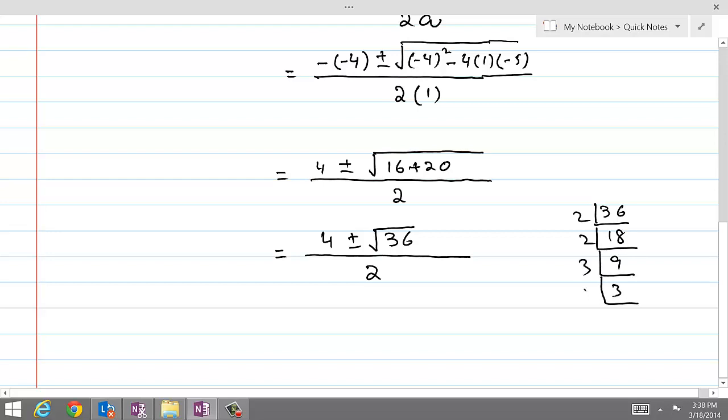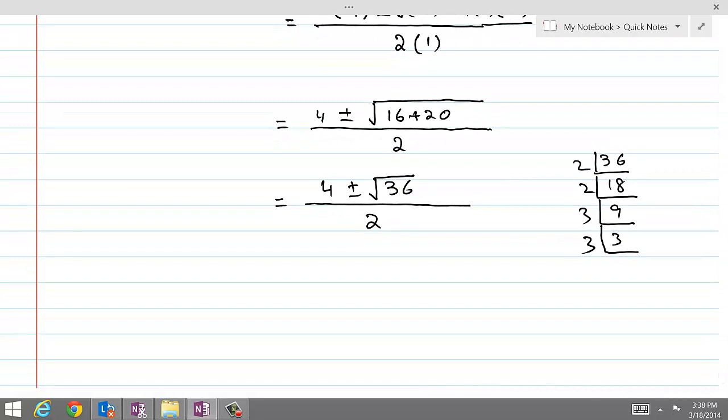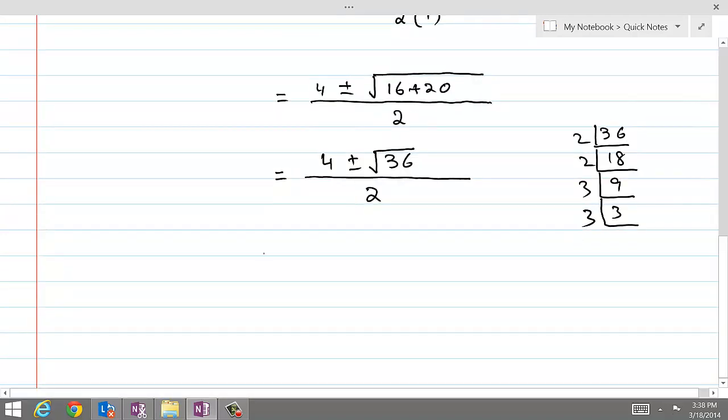We can do it this way, or we can use the tree diagram as well for factorization. But remember, the prime factorization is the only way to take the numbers out of the square root. So here we write again 4 plus minus, and the prime factors of 36 are 2 times 2 times 3 times 3, over 2.